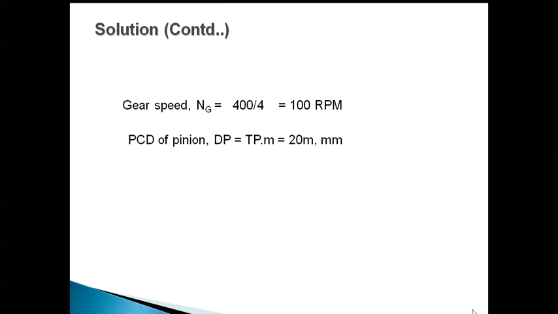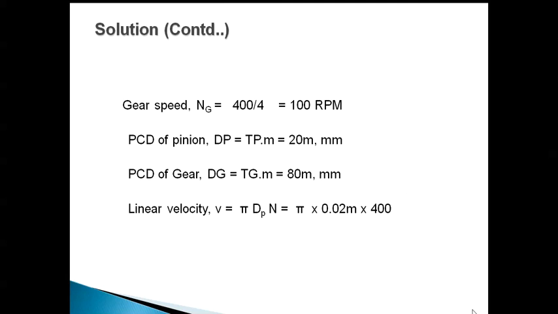We don't know the value of m, but we know the number of teeth, so 20 m is the PCD of the pinion. PCD of gear is DG equal to TG into m, that is 80 m in mm.